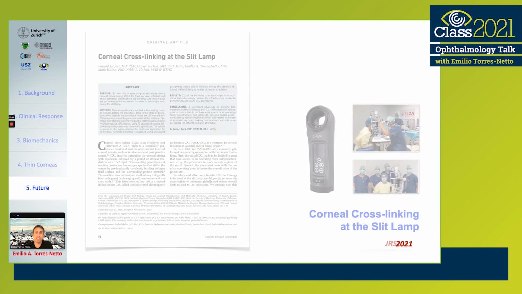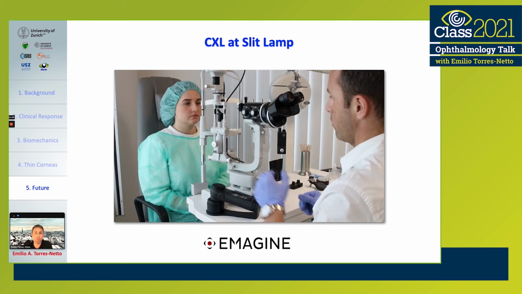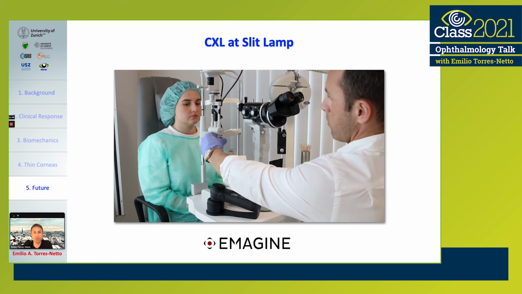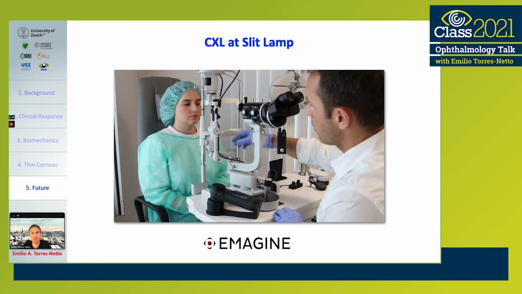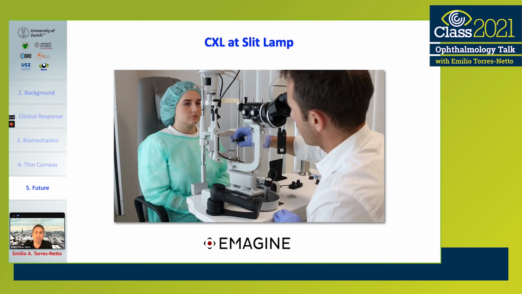A last point that I would like to show, and that's also news, is that cross-linking now can also be used at the slit lamp, not only for treating progressive forms of keratoconus, but also for treating infectious keratitis. So this is what we call PACK cross-linking.